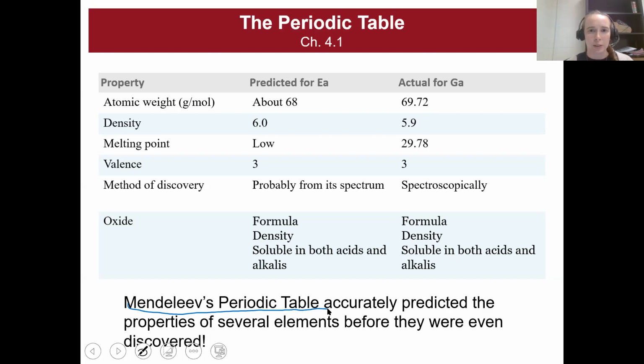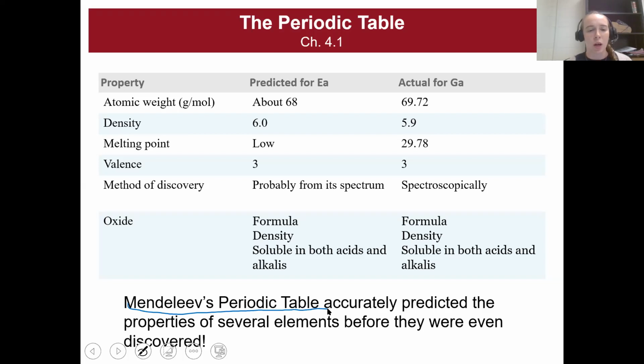So as a refresher, Mendeleev's periodic table was revolutionary because it accurately predicted the properties of several elements before they were even discovered. In Mendeleev's periodic table, mostly he wanted to arrange the elements in order of increasing atomic mass. But every once in a while, he would find things that didn't quite work.